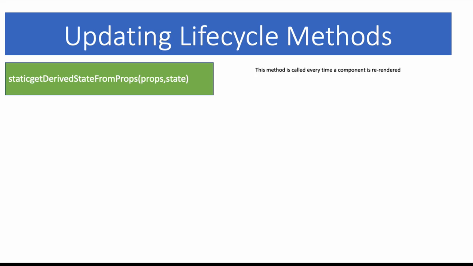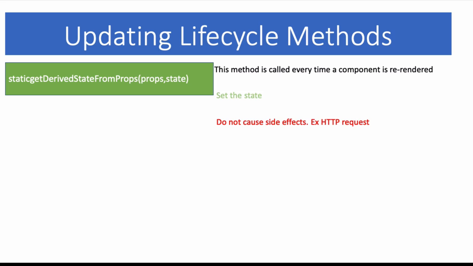This method is called every time a component is re-rendered. As we have discussed, this method is used when the state depends on the props of the component. What you should not do is cause side effects, for example, an HTTP request.